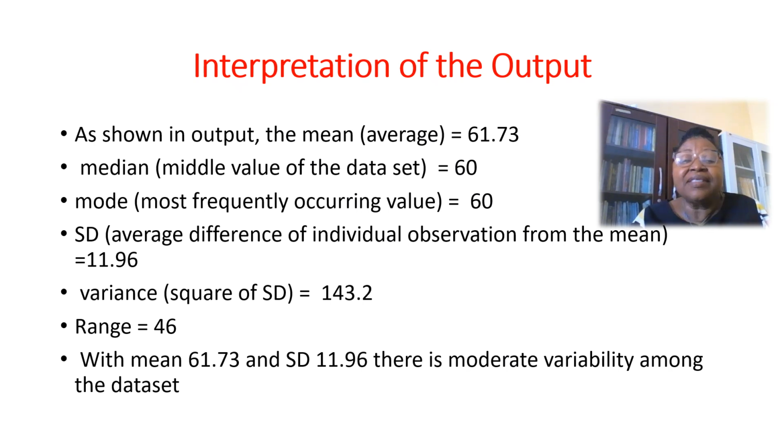With a mean of 61.73 and standard deviation of 11.96, we can say that the data is moderately variable. There is moderate dispersion among the data. So the variability is moderate.